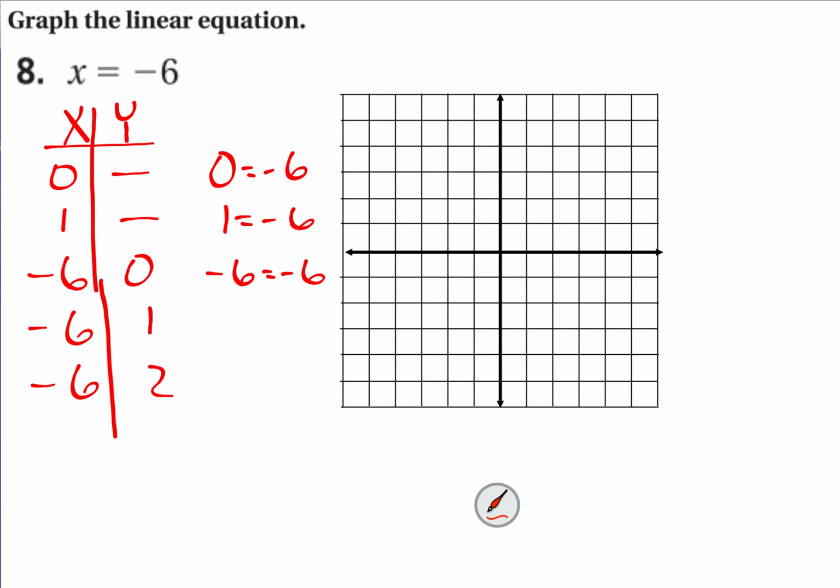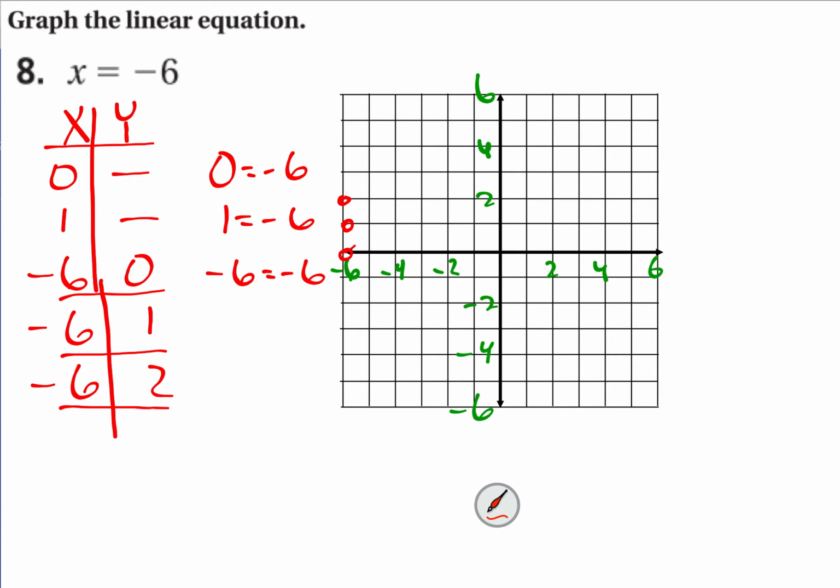Now what this ends up looking like is at negative 6 on the x-axis, we are going to have a line to draw. I'm just getting some numbers written on the graph here. So at negative 6, 0, negative 6, 1, and negative 6, 2, I've got 3 points on this line.